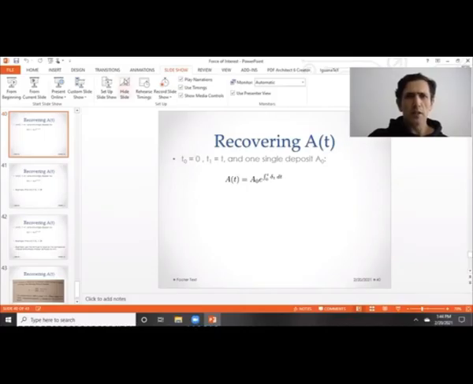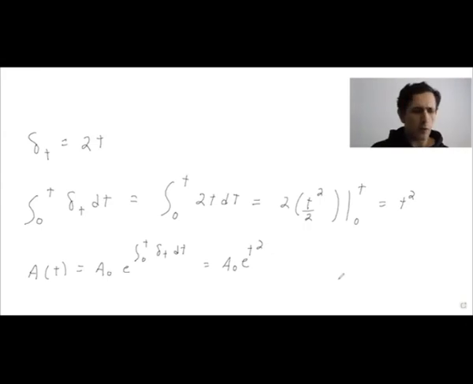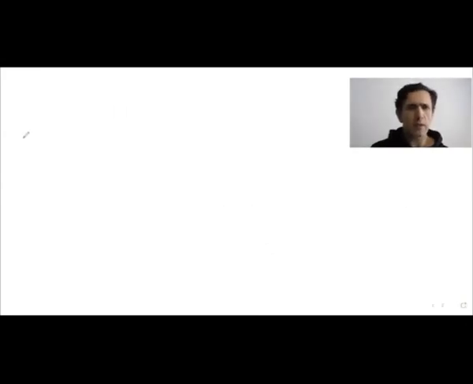So let's recover these formulas that we had before. Let's first do compound interest. That's quite a bit simpler.